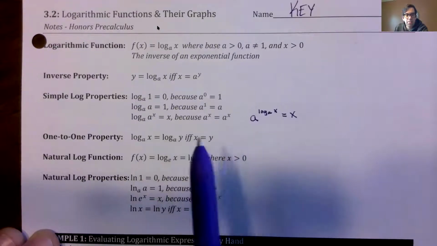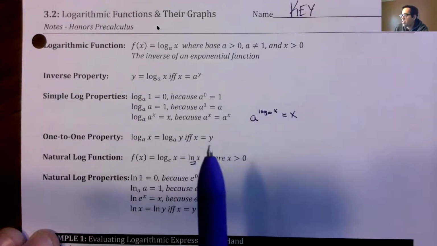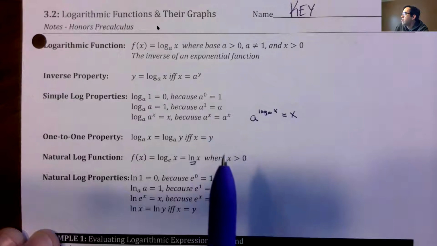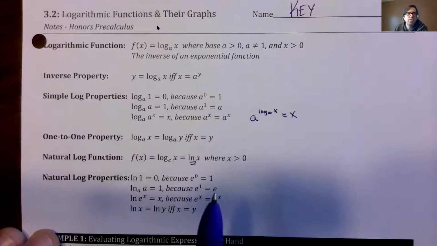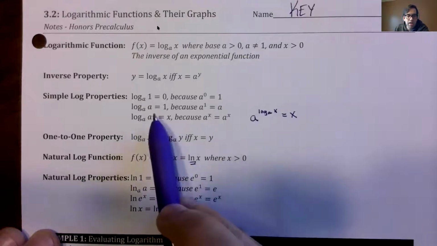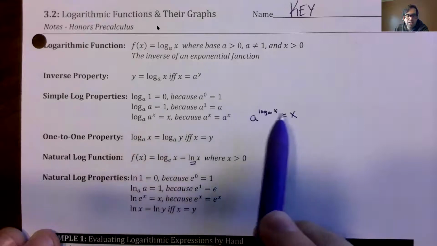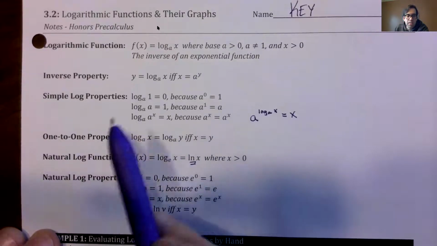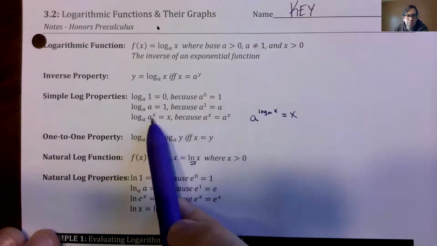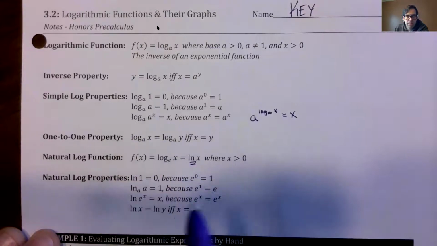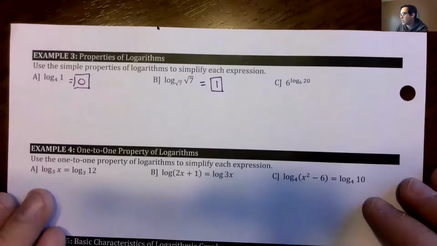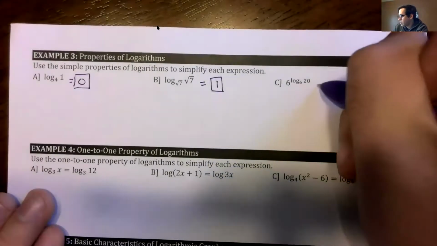It's just kind of opposite evaluation or opposite expressions. It's like if we do 5 plus 2 minus 2, we can just cancel the 2's out, we get 5. We can just cancel the log and the base A out with the A to just get the x. It's like saying A to what power equals A to the x power. Okay, it's gonna be x. So over here, 6 to the log base 6, that pretty much just cancels out and gives us 20.